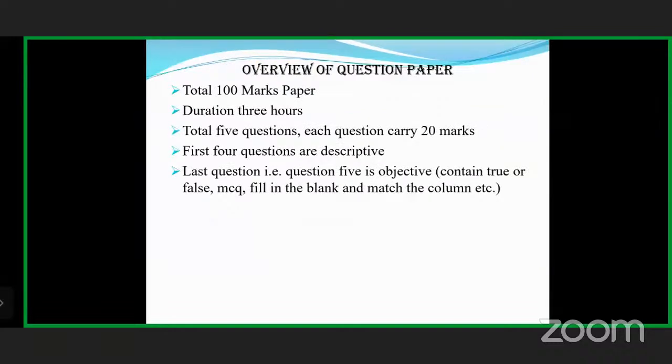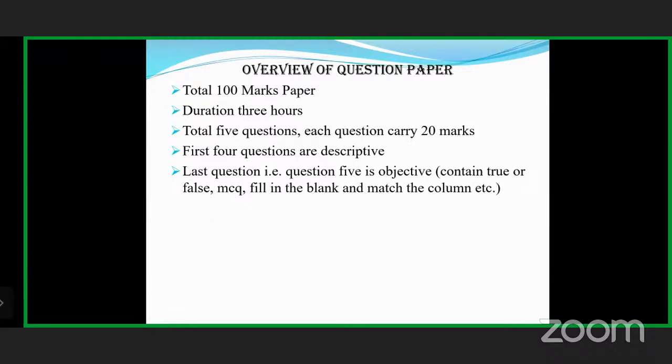As per the fifth sem, the sixth sem paper also carries 100 marks. Duration is 3 hours. Total 5 questions will be asked, and each question carries 20 marks.